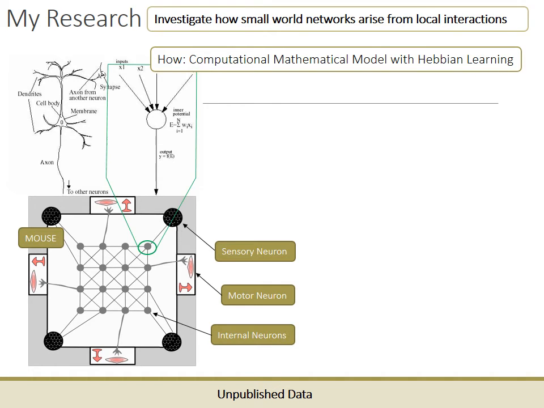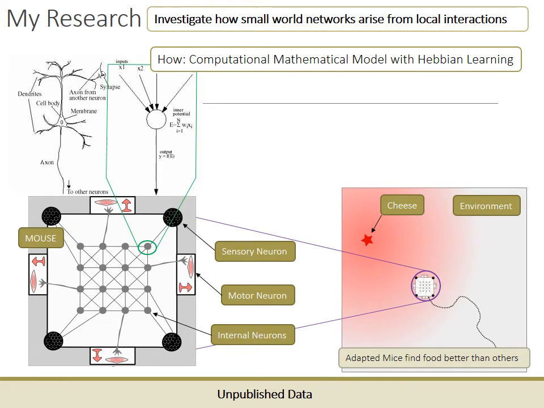And I went a little further, and I decided to propose a computational experiment. I decided to create a computational mouse. Each mouse has internal neurons, motor neurons, and olfactory sensory neurons. I've put this mouse in a computational environment where I put cheese, and that cheese emanates a smell. These mice can move around in their environment, and if they reach that cheese, they get some energy.